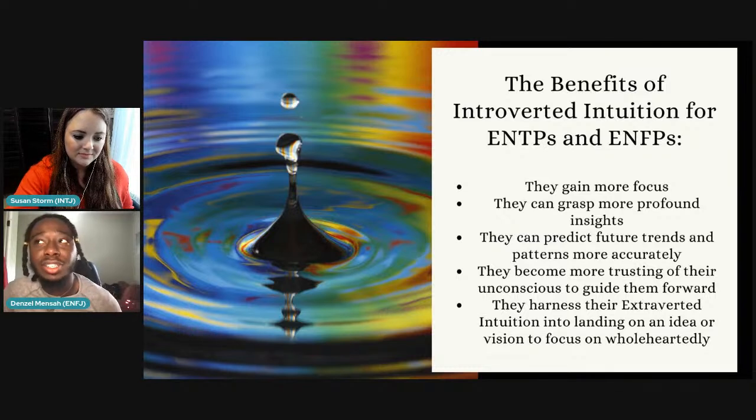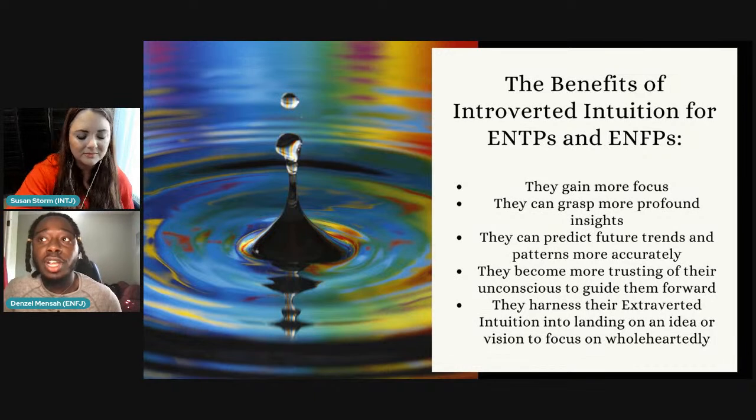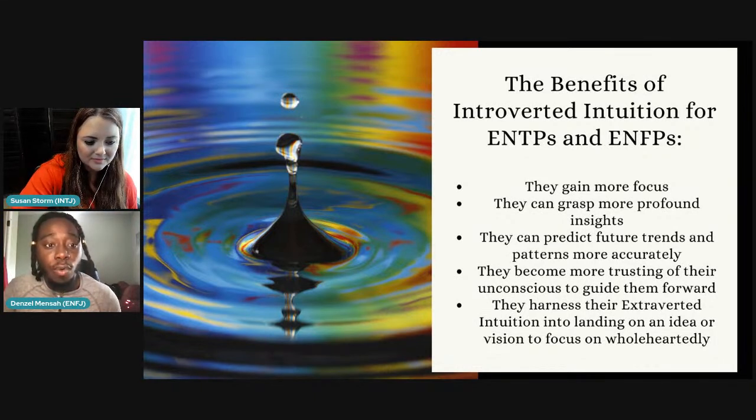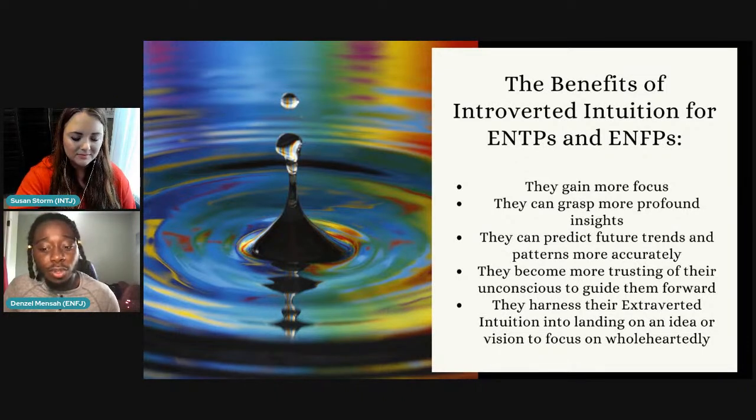But if you're really trying to integrate the shadow functions, then you're pretty much trying to hold space for the other side. So as an ENTP or ENFP, you're not necessarily trying to become a master at introverted intuition. Again, you might even already believe that you are, and I'm not here to say that you're not.